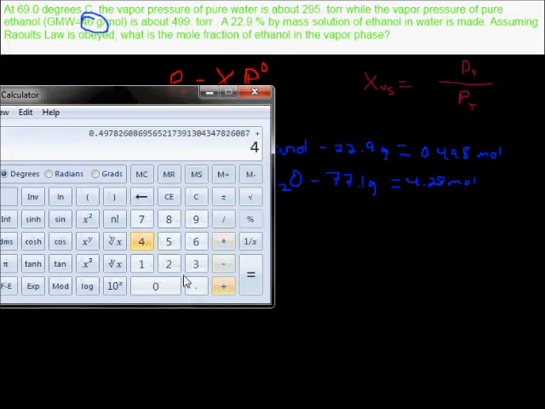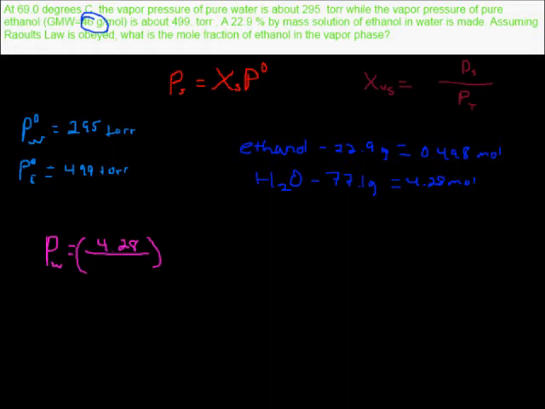Well, let's just add 4.28 to that. So we have 4.78. Now, what is the standard pressure of pure water? Well, it's 295. So we multiply that answer by 295. And that will give us our answer.